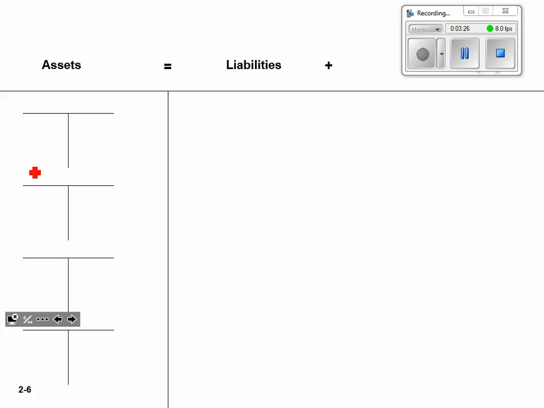Now, here's our accounting equation. Assets equal liabilities plus owner's equity. And if you have a highlighter, maybe it'd be a good place to use it. Here is the giant T. Giant T. You've been doing this for chapter 1. It's a giant T. Is there a left and right side to the giant T?